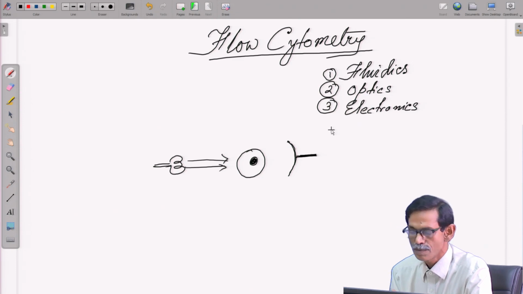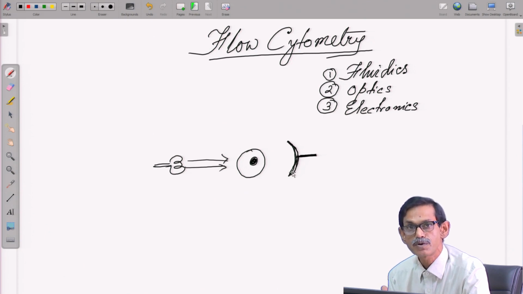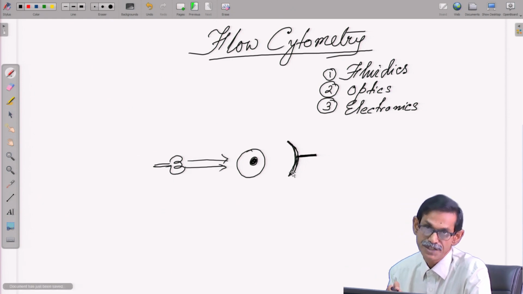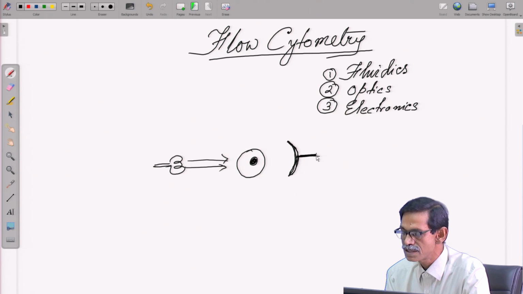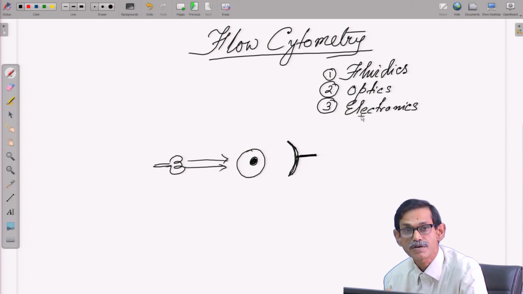So, the cell is going to come here by fluidics, optics is doing its job, and the detector is linked with a photomultiplier tube, PMT, which can amplify the signal if you need it. Then the signal will go to the electronics part, which will get the information and digitize it.